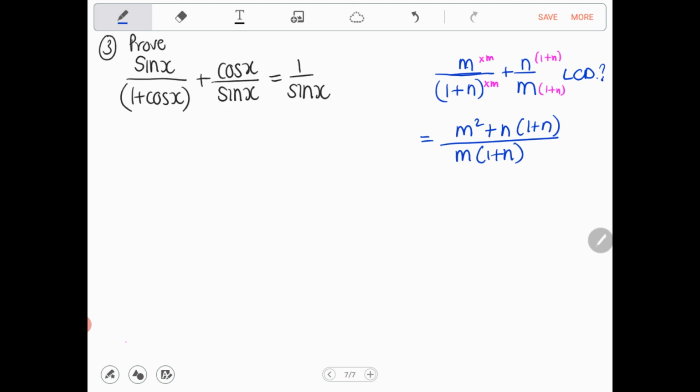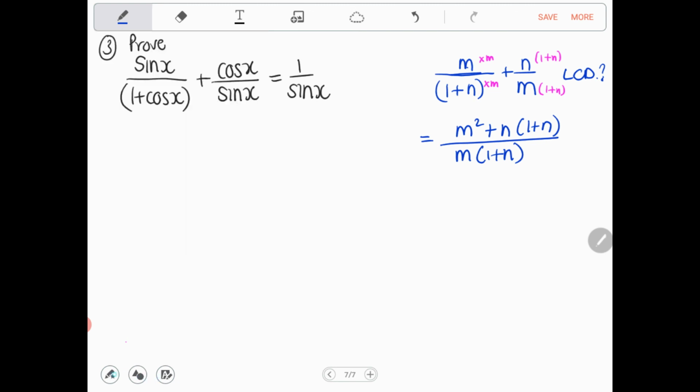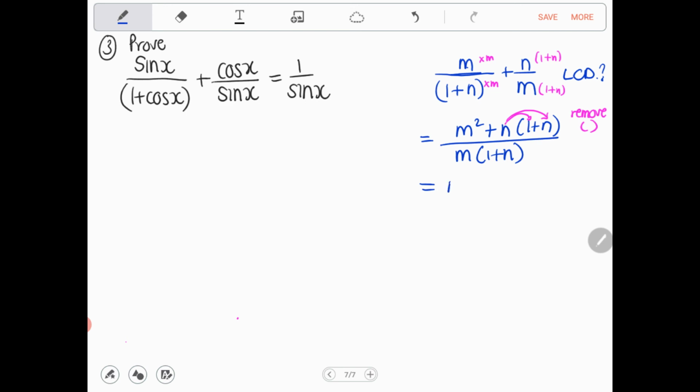Okay, now if we were doing the sum here, the next thing we would do is we would remove our brackets, because that's what we normally do in algebra. So we remove the brackets, so that gets distributed into there. So we've got m squared plus n squared over m times 1 plus n.